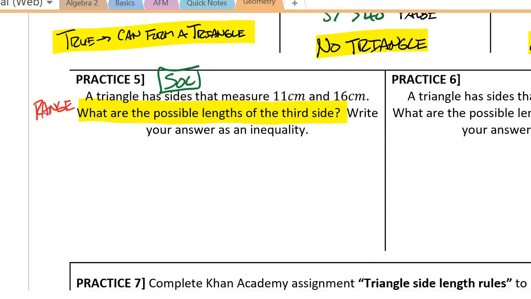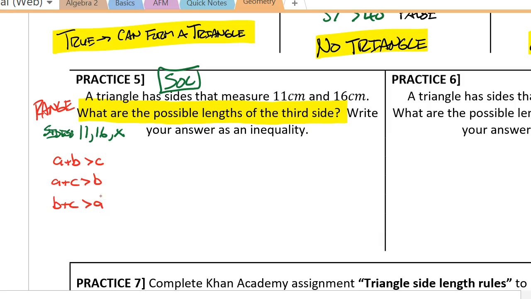Okay, so the sides of the triangle that we know are 11, 16, and our unknown side x. So I'm going to go ahead and set up all three of those inequalities again. A plus b must be greater than c. A plus c must be greater than b. And lastly, b plus c must be greater than a.